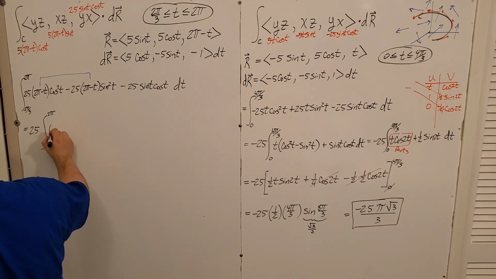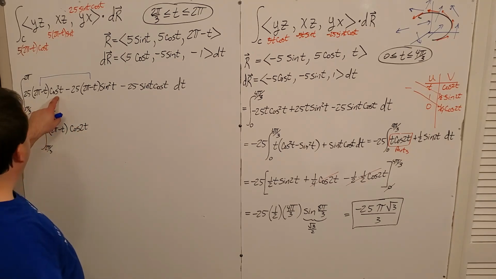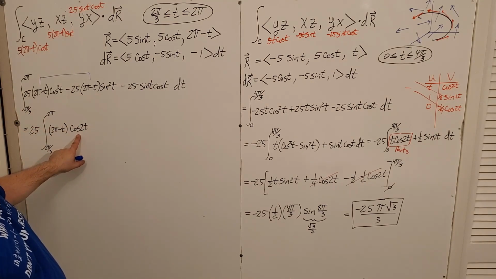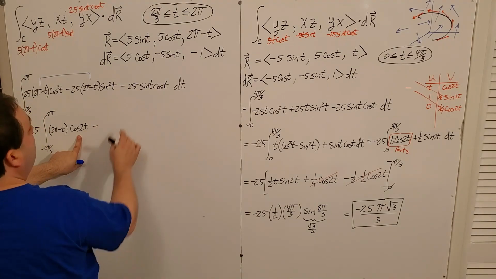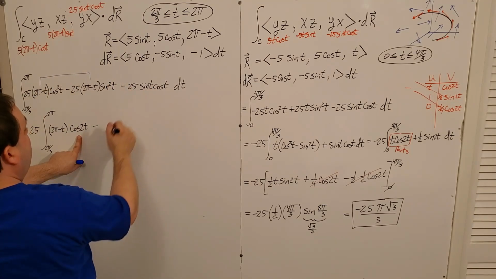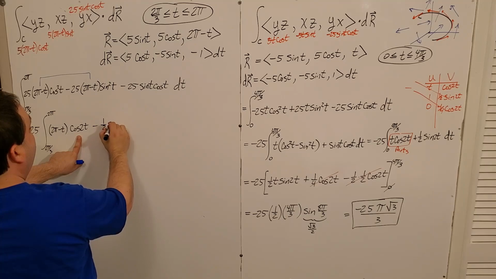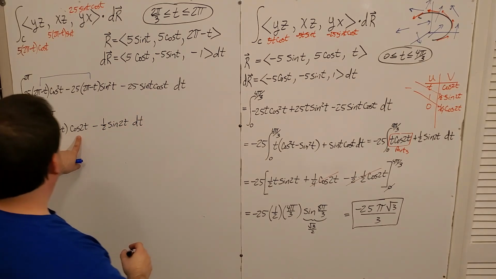And I'm going to have (2π − t) times cosine 2t, right? Because that's the cosine squared minus the sine squared identity again. Okay, minus. And then that I pulled the 25 out, but then that's the same identity as before, right? 1/2 sine 2t dt, like so.